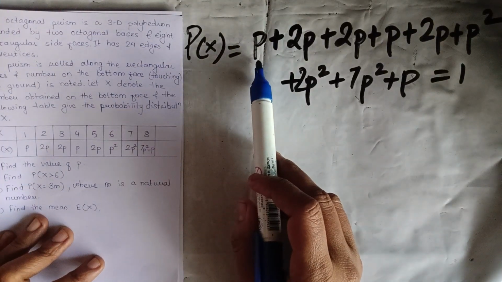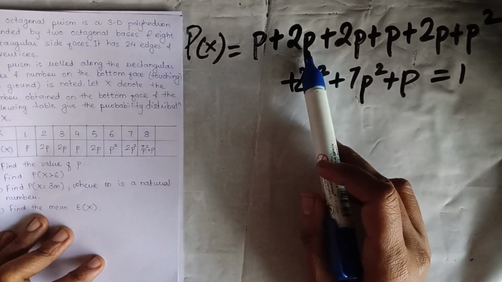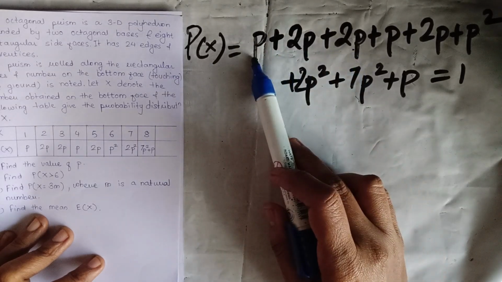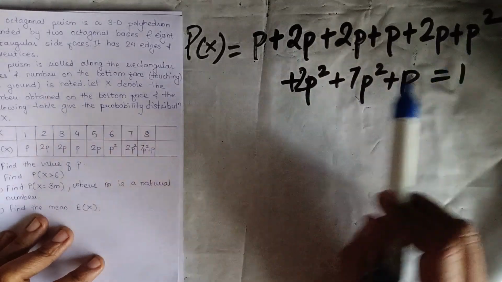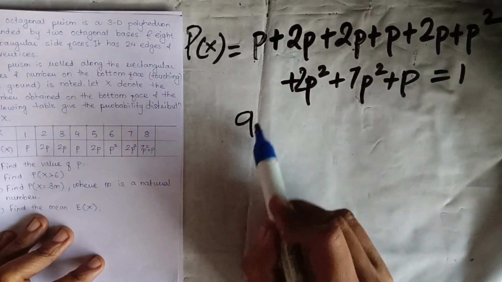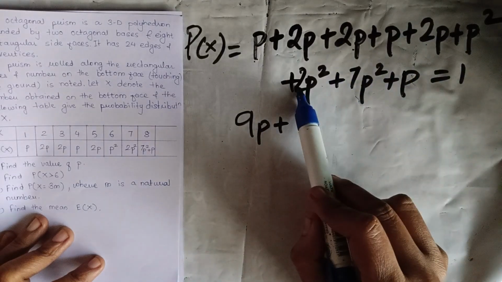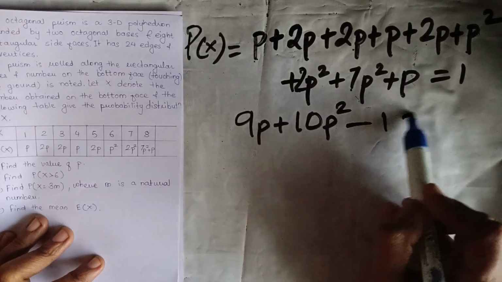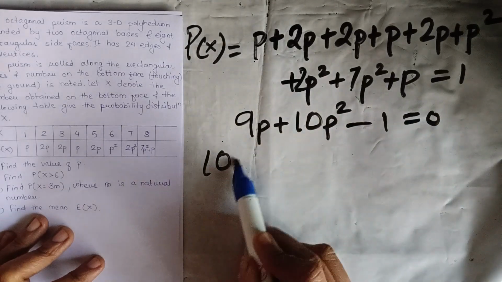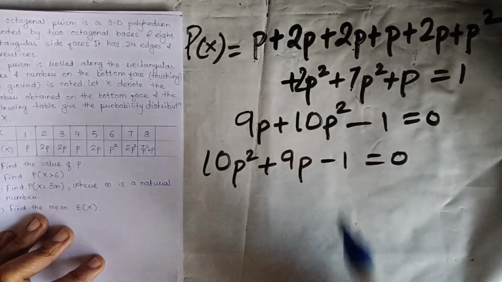Collecting terms, this is 10P² plus 9P minus 1 equal to 0.